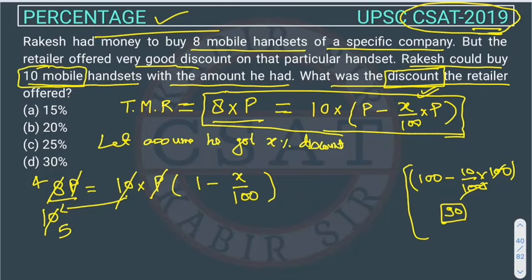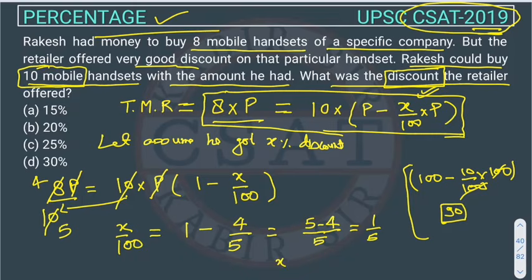Now we will take 1 this side, so the equation will become X upon 100 is equal to 1 minus 4 by 5, which is equal to (5 minus 4) by 5, equal to 1 by 5.